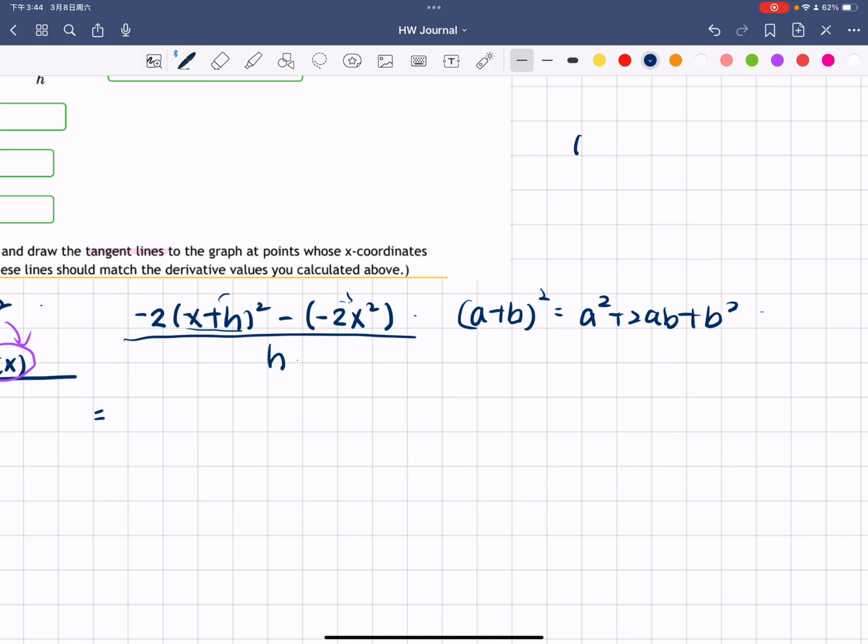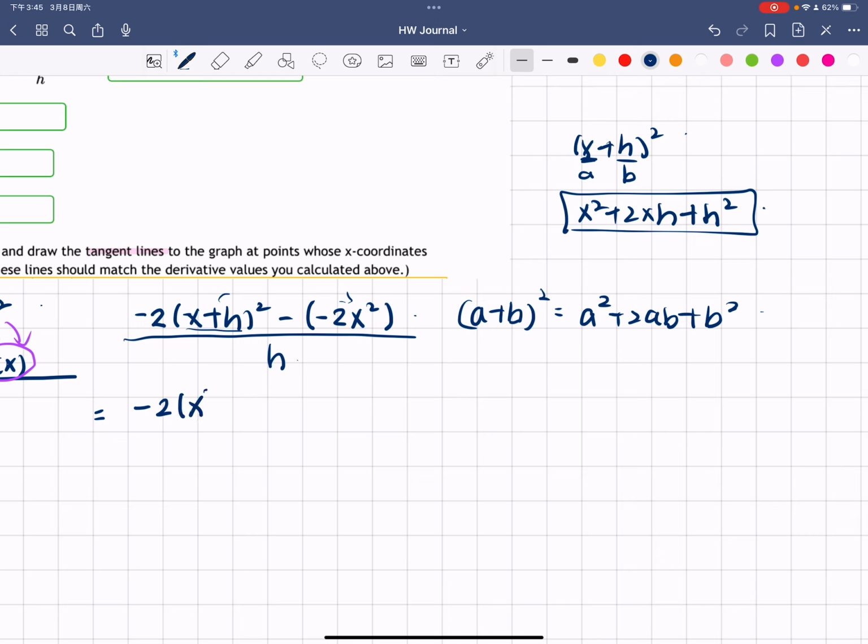So with x plus h, x could refer to a and h could refer to b. In this case, it's going to be x squared plus 2xh plus h squared. So we can substitute this into our term.